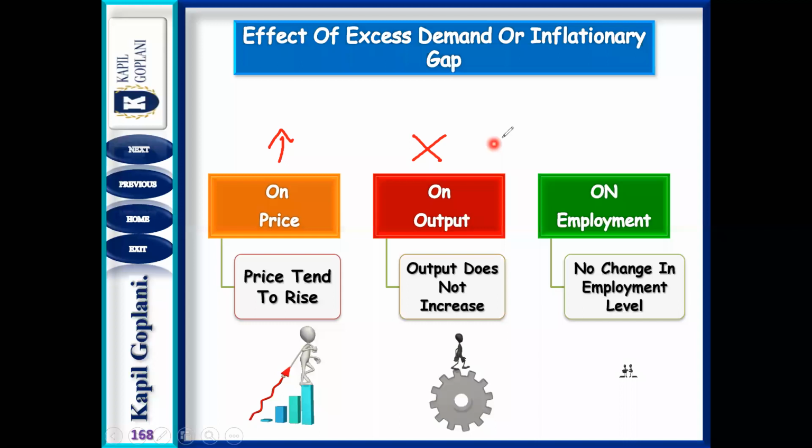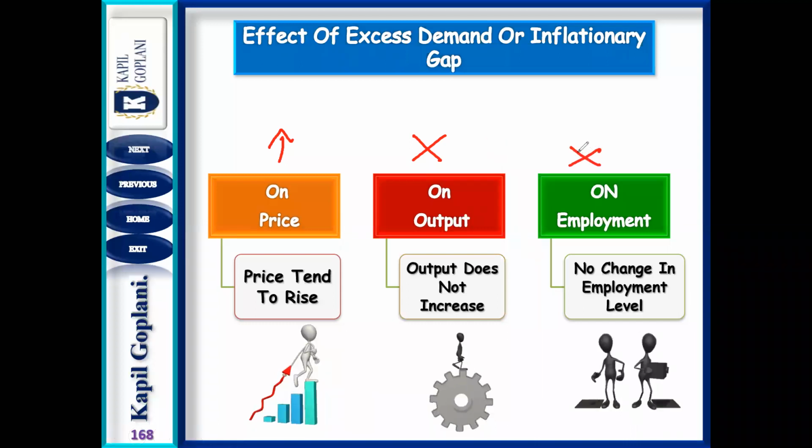Again, employment also does not have any effect because we have already achieved full employment equilibrium. What we have achieved, students, we have already achieved full employment equilibrium where no person was unemployed. So when all persons are employed and we have already achieved full employment equilibrium, there is no point of any change in the employment level.